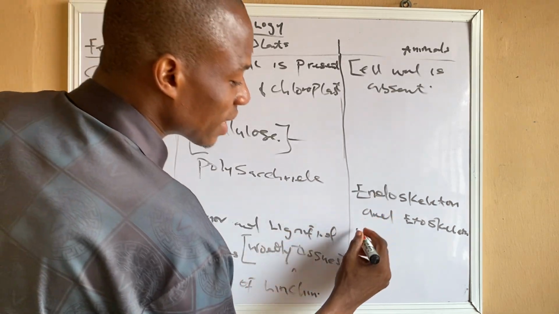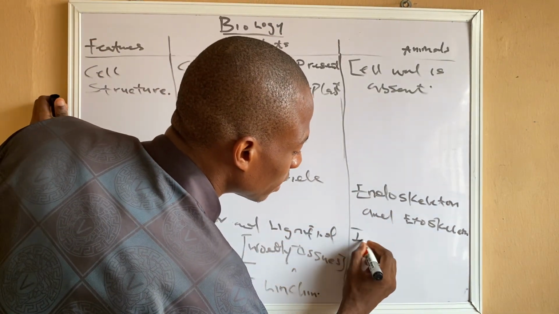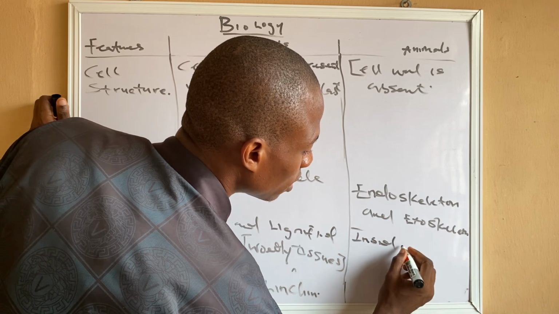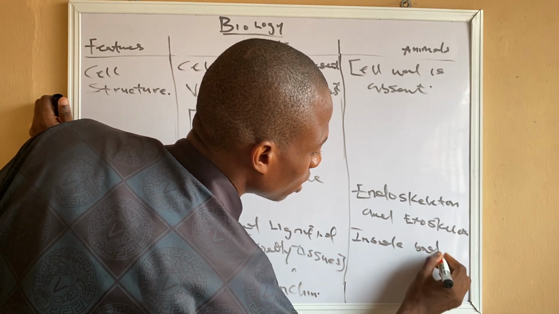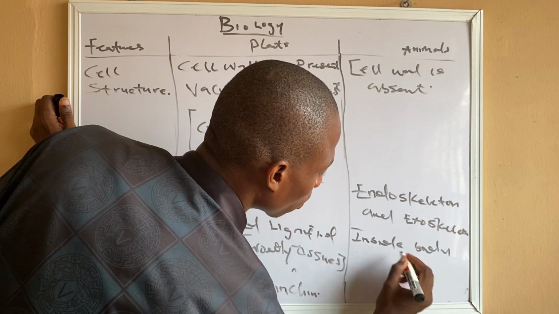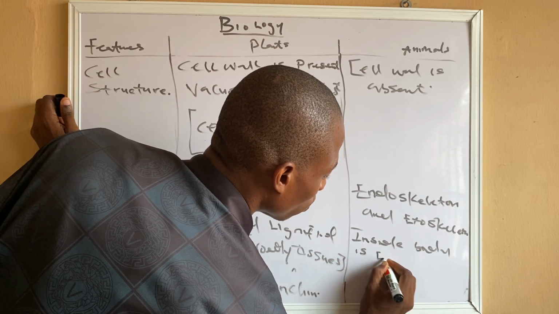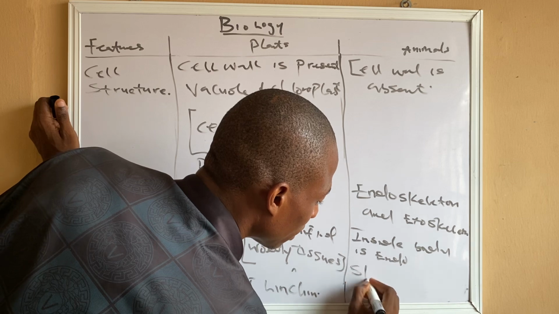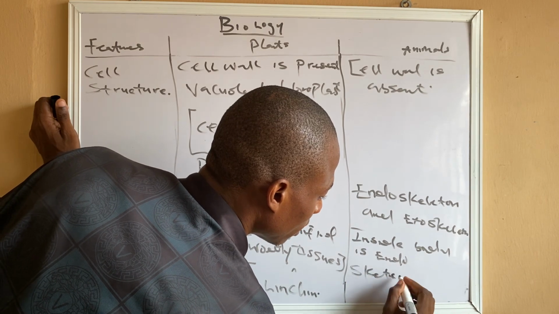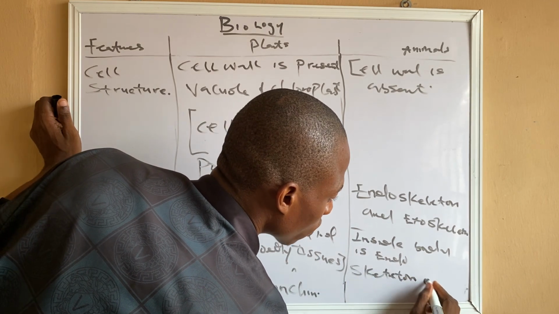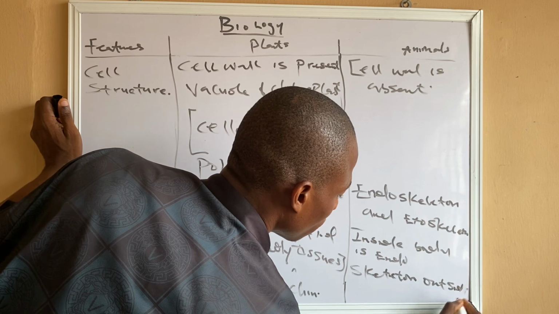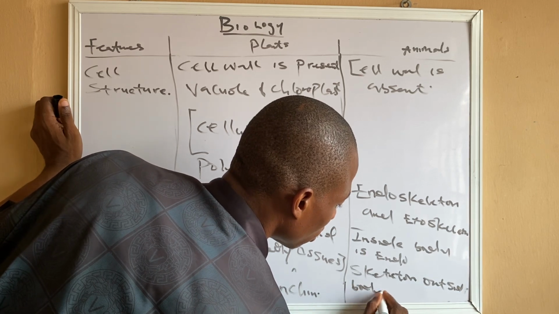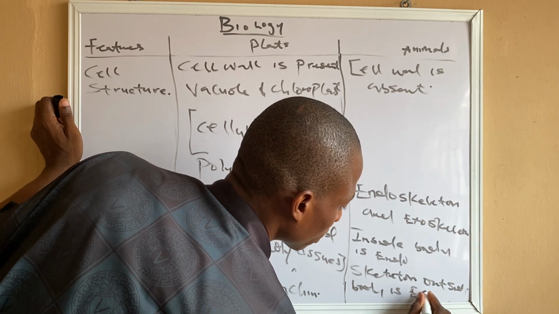The skeleton that is inside the body is called the endoskeleton, while the skeleton outside the body is the exoskeleton.